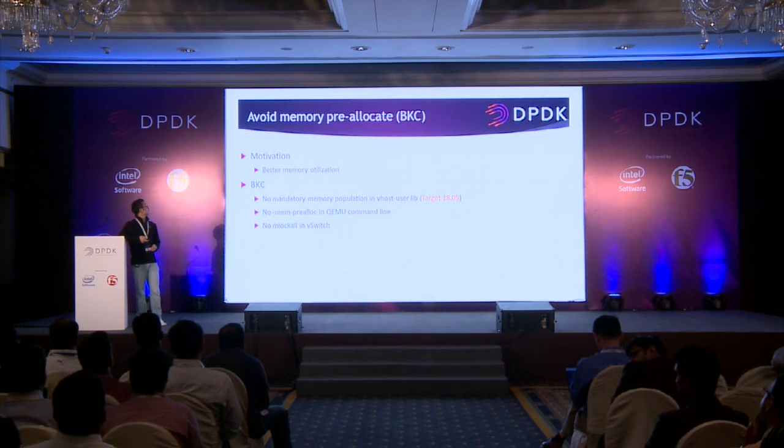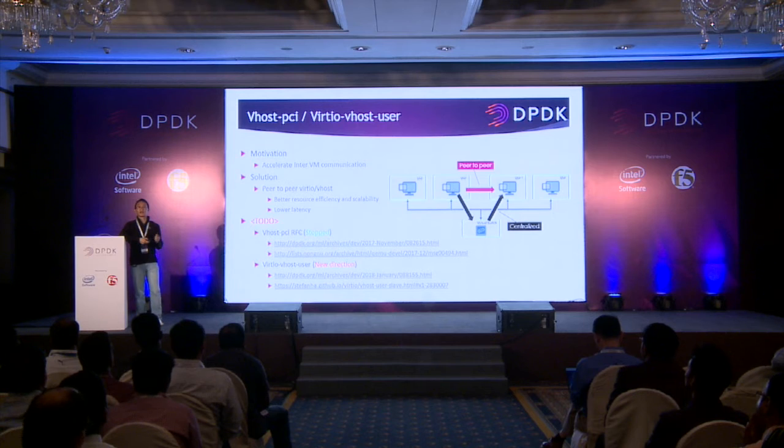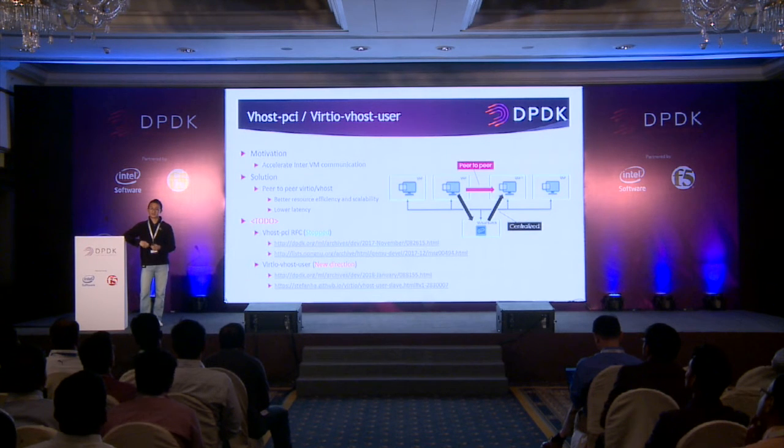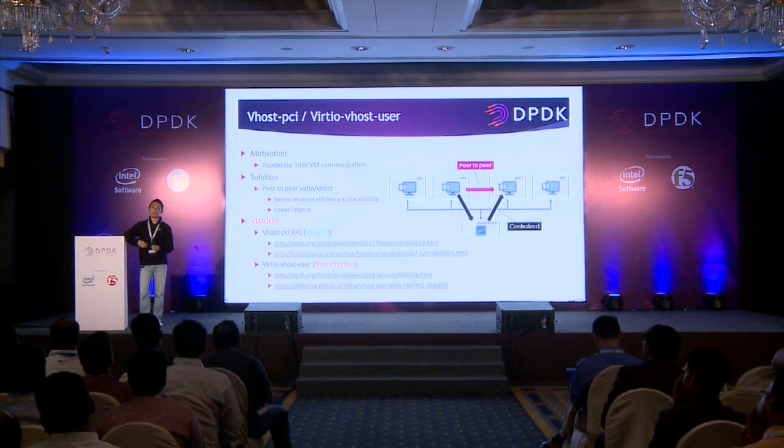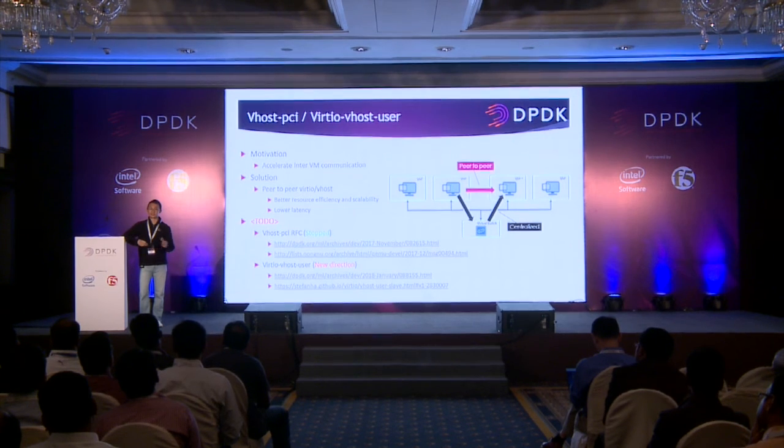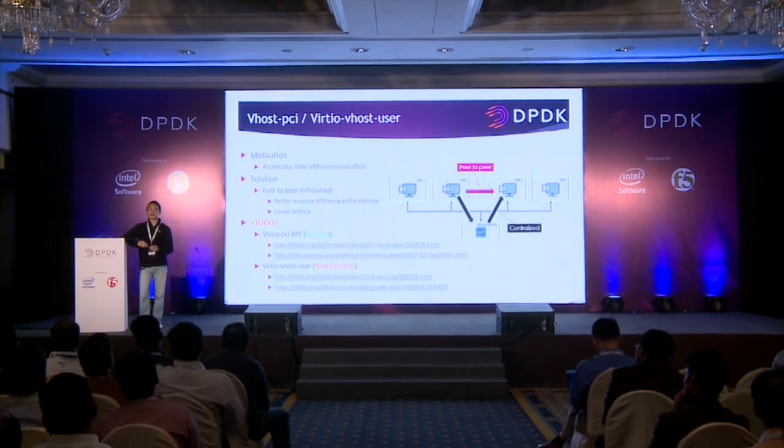In this one, basically the guest still shares its memory to another one. Instead of sharing it to the virtual switch, the vhost part will be running on another virtual machine. So it's basically still the same mechanism.